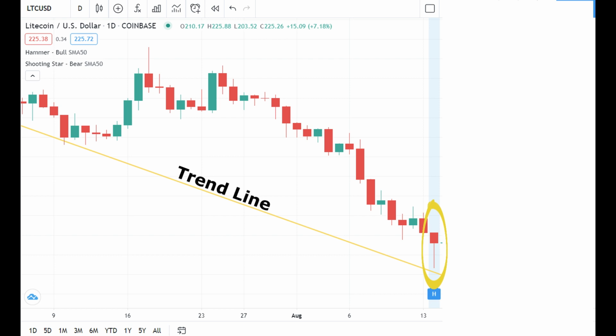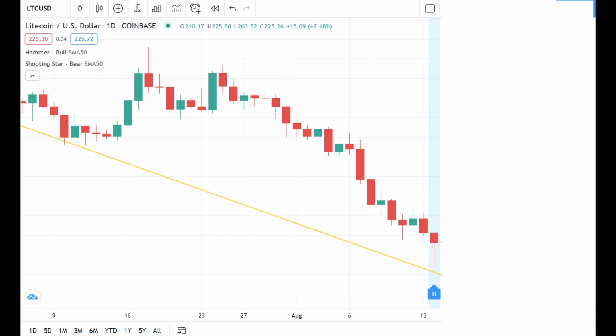Once we see this setup where we have at least two confirmations of a reversal in trend, the trend line acting as a line of support and the hammer showing a point of reversal, then we could go ahead and enter into a trade.